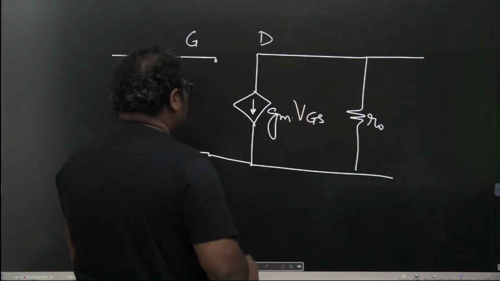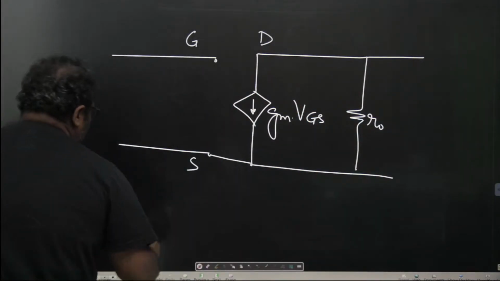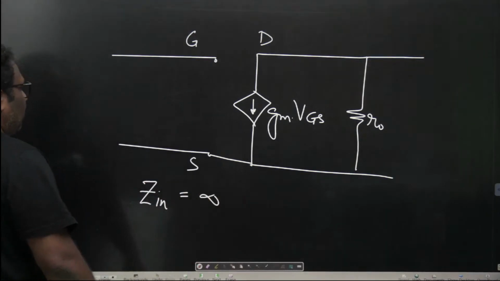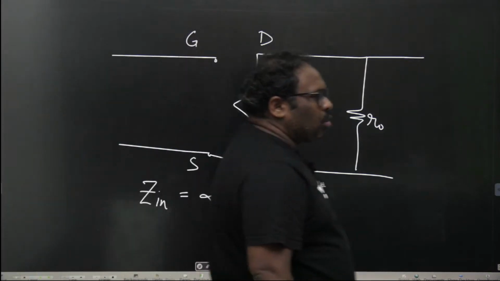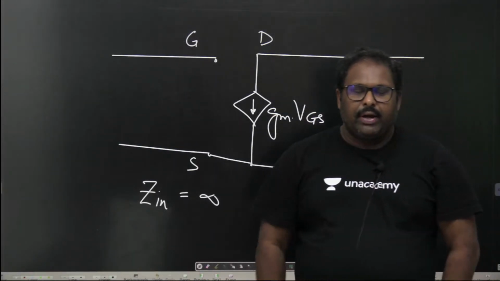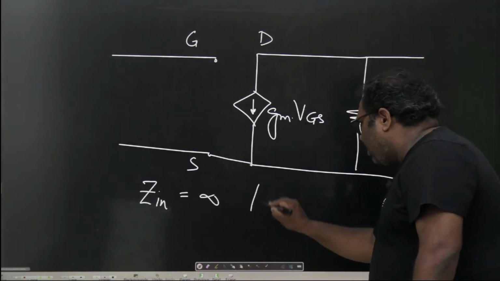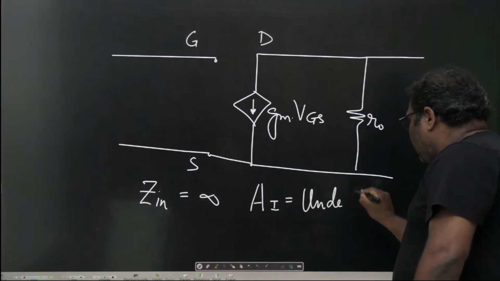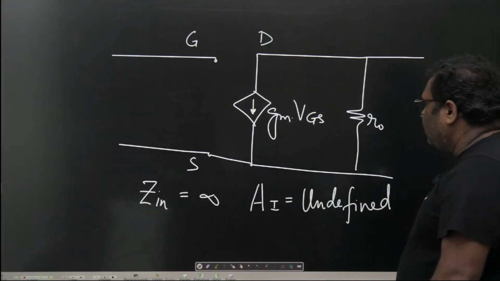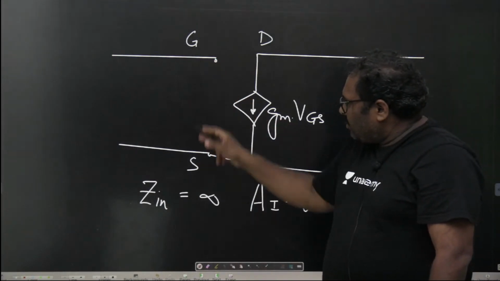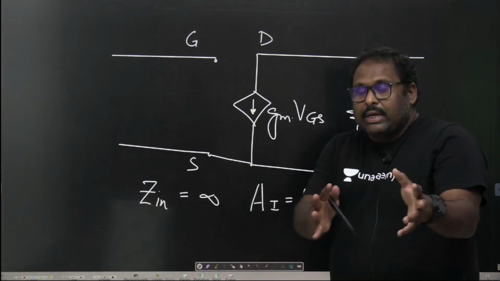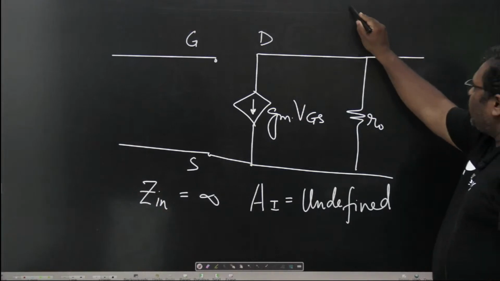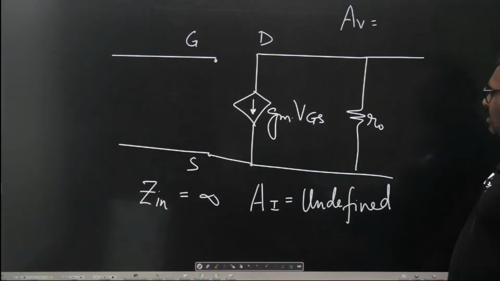This is the drain. So ideally, if somebody asks me what is its input impedance, I will say it is infinity, because the input between the gate and source is absolutely infinite. If somebody asks me what is the current gain, I will say it is undefined, because there is no input current and the gate is insulated, so there is no current gain defined. But if somebody asks me what is the voltage gain, yes, I have an answer.